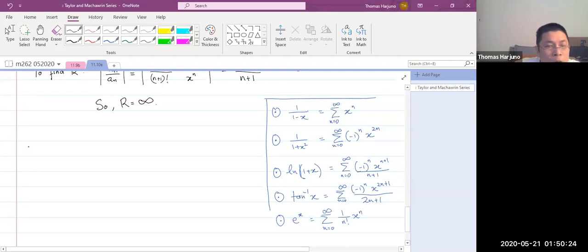So for example, let f(x) equal 1 over 1 minus x.